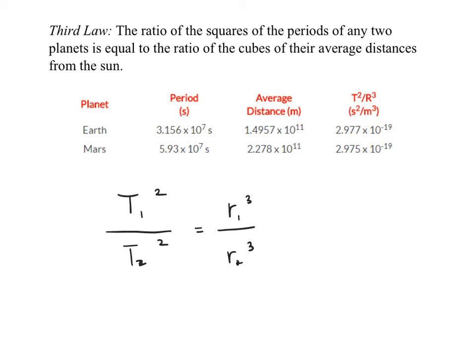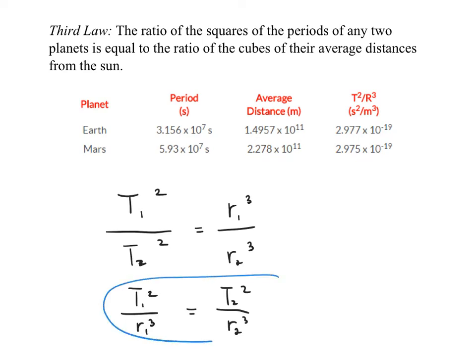And what will that yield? That will yield T1 squared over R1 cubed equal to T2 squared over R2 cubed. And that's what this law really is right here. Although stated verbally, the verbal representation becomes this.